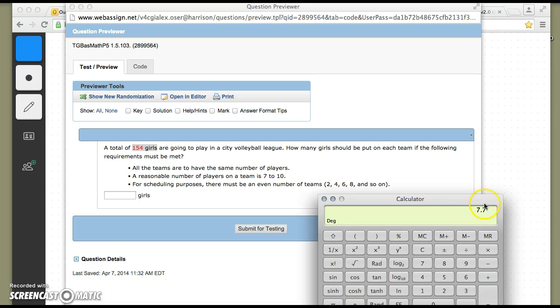No, that's not going to work, that's 7.7. 154 divided by 22. We've got to be getting really close here. And there we go, 7.